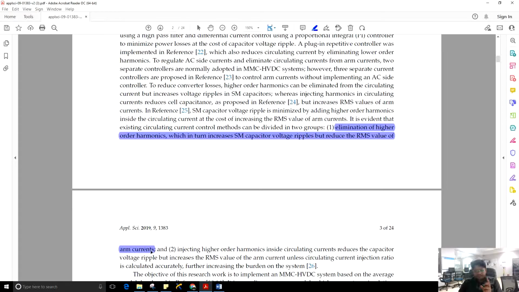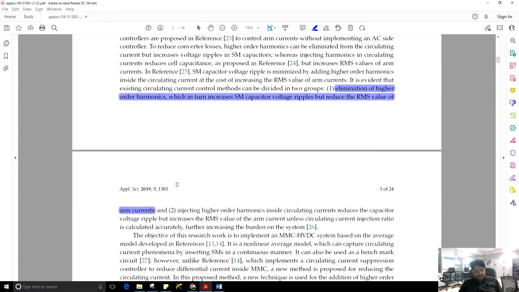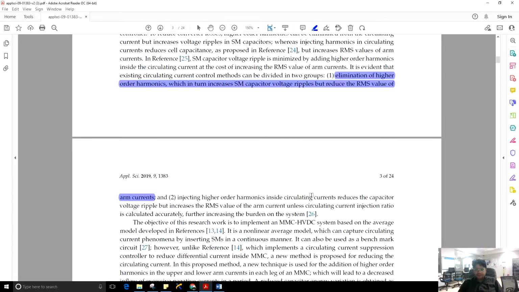This is one of the methods to reduce the circulating current, but it results in more submodule capacitor voltage ripples, though it reduces the RMS value of arm current, and certainly power losses will reduce, but at the cost of capacitor voltage ripple.